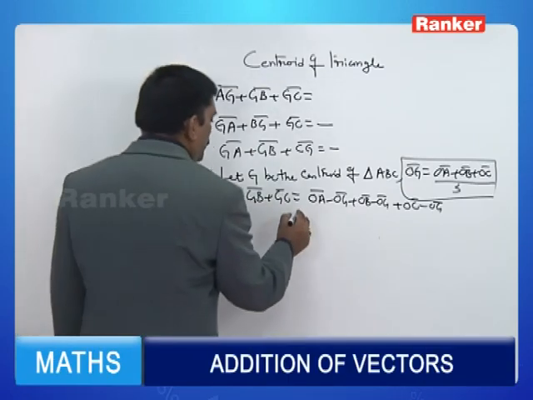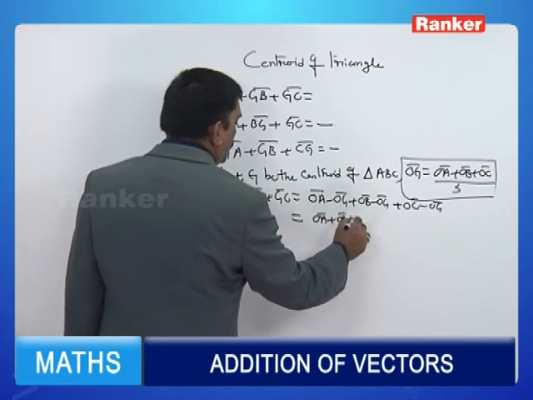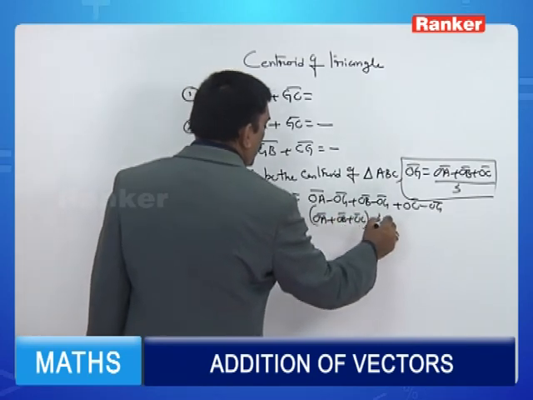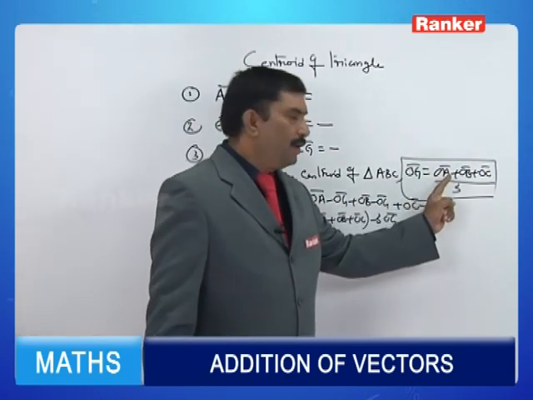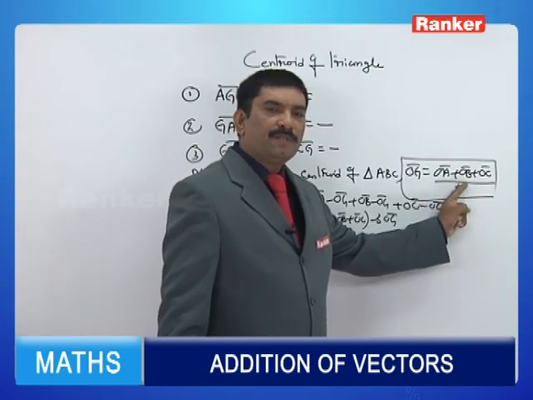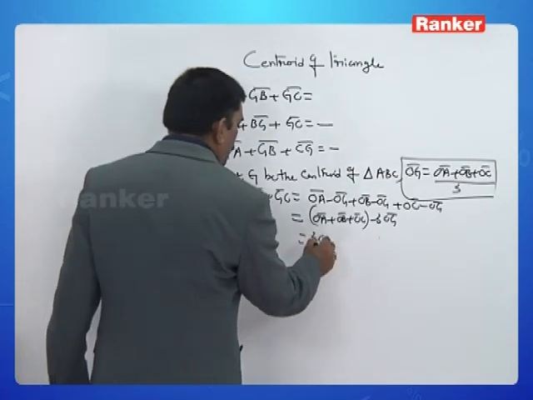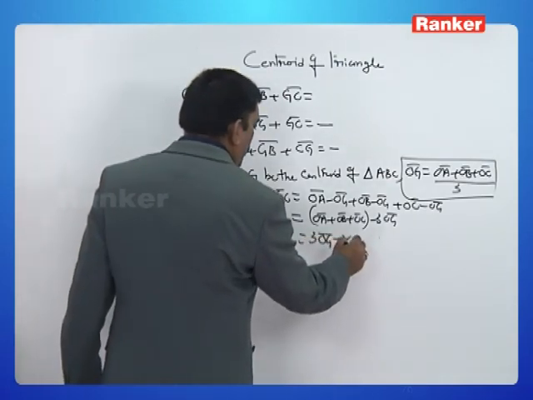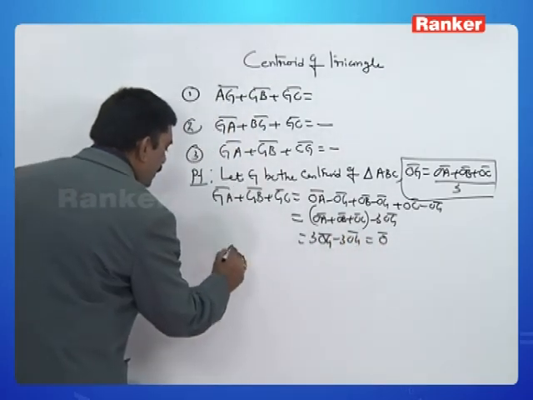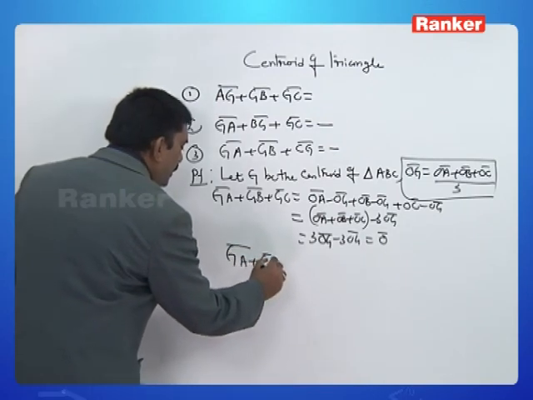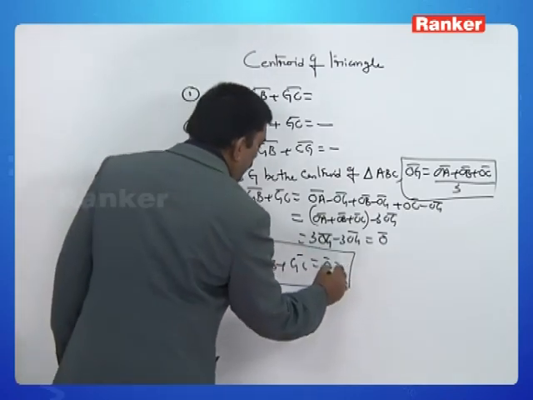I can write this as OA bar plus OB bar plus OC bar minus 3 times OG bar. But we know already that OA bar plus OB bar plus OC bar is equal to 3 into OG bar. Now 3 into OG bar minus 3 into OG bar is equal to 0 bar. Yes, we have proved GA bar plus GB bar plus GC bar is equal to 0 bar.